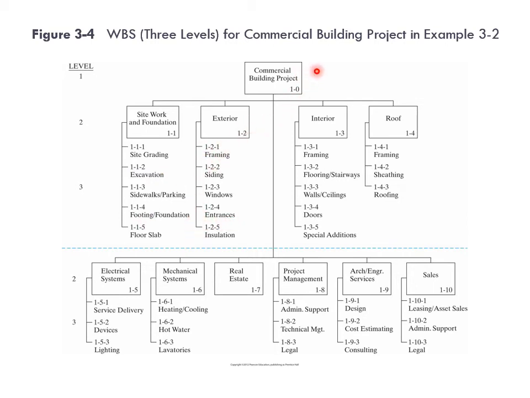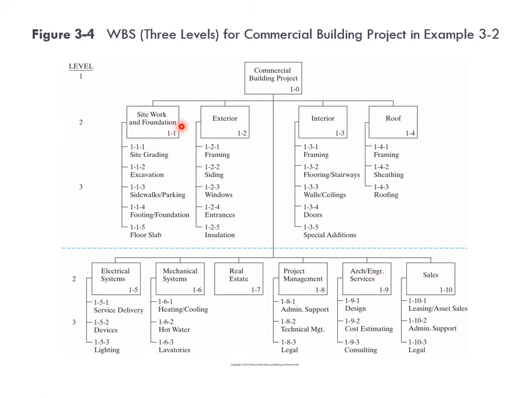As you can see, this commercial building project can be divided into major categories such as site work and foundation. Exterior is another important category. Interior, construction of the interior, the design and construction. Roof, electrical systems of the building, mechanical systems of the building, the real estate, project management, and all these components are the major categories.